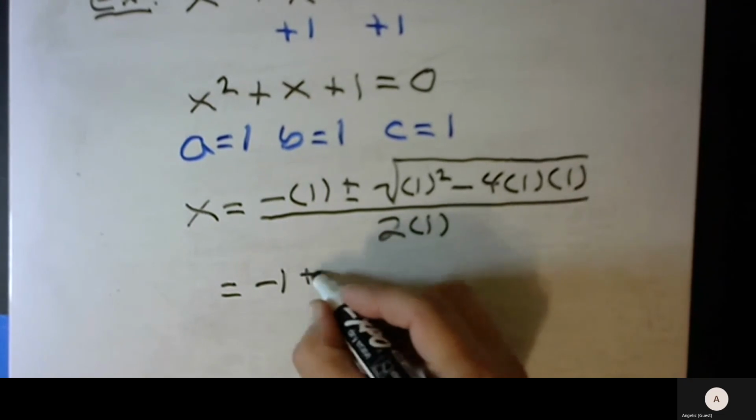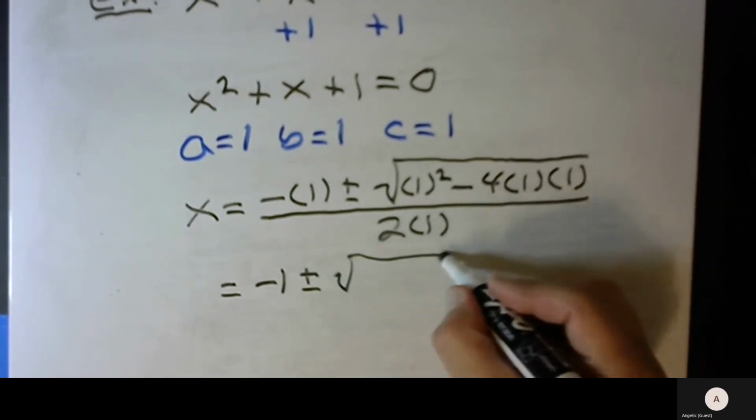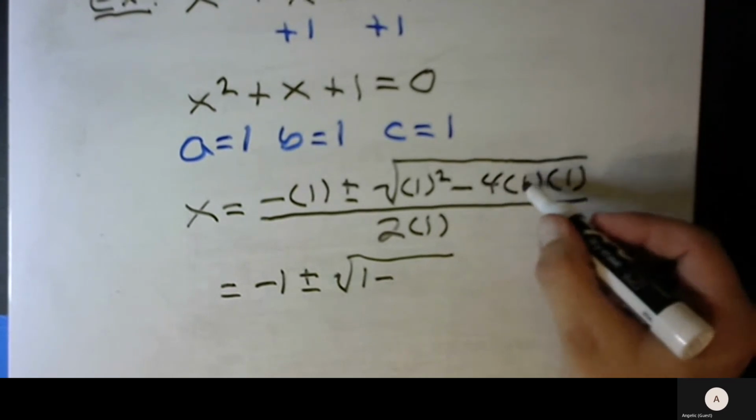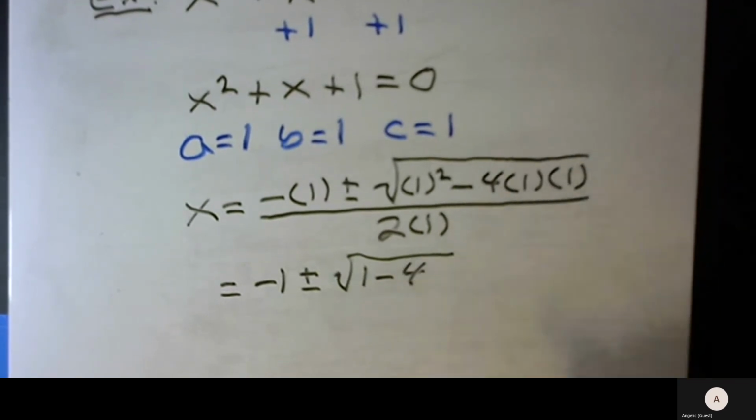Or negative 1 plus or minus the square root of 1 minus 4 times 1 is a minus 4. This minus here is that there.